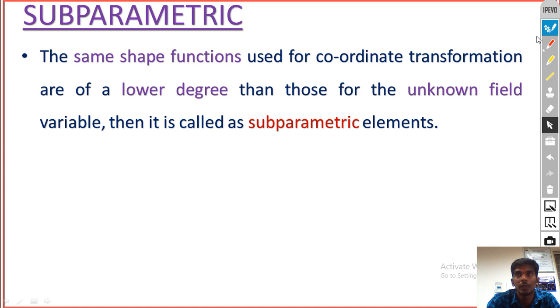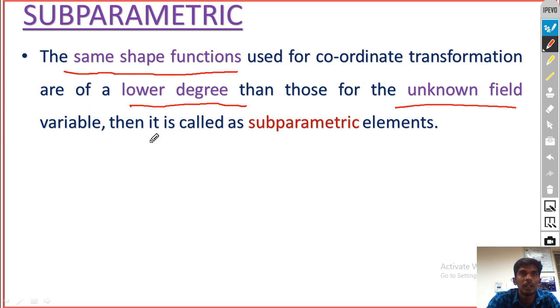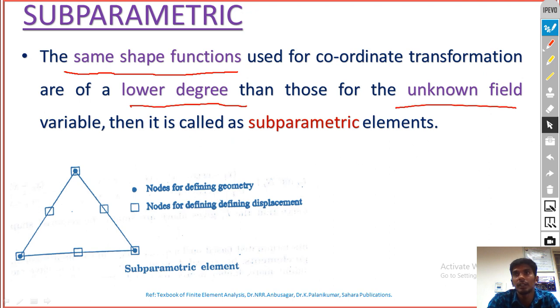As per the definition, the same shape function used for coordinate transformation of a lower degree than those for the unknown field variables is called subparametric. We are reducing the numbers. In the geometric representation, you will understand clearly.